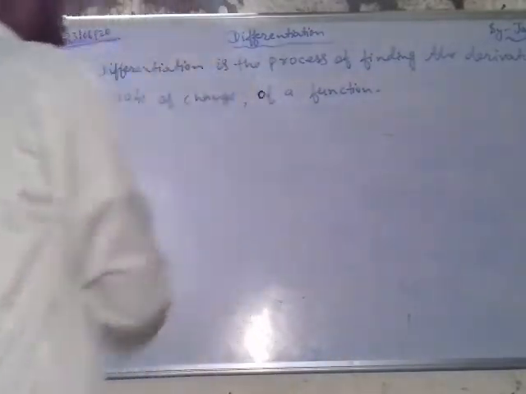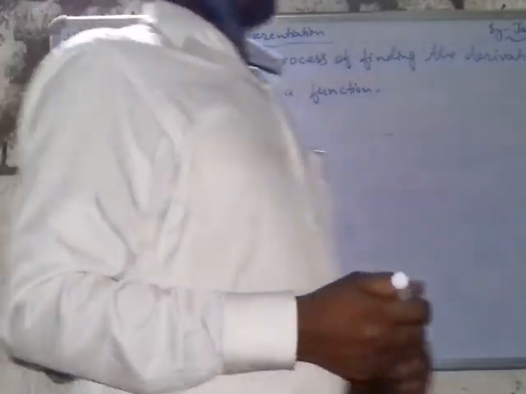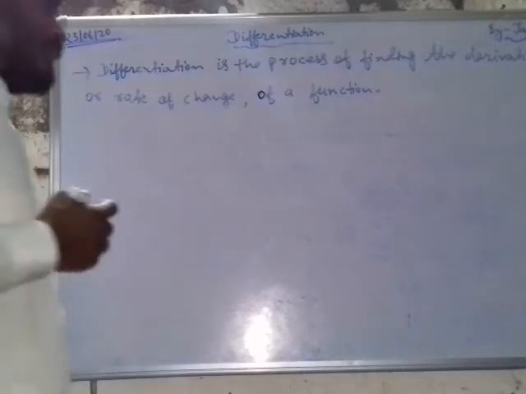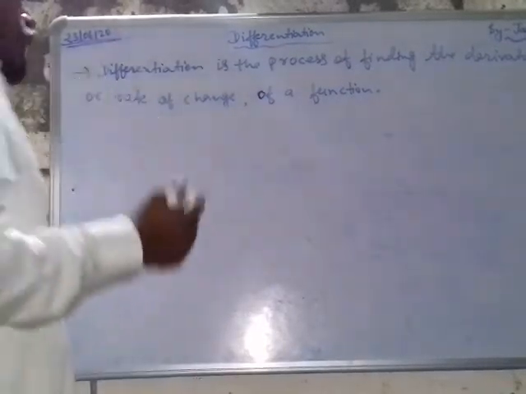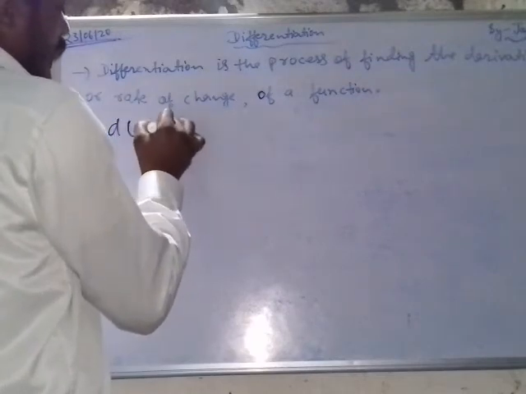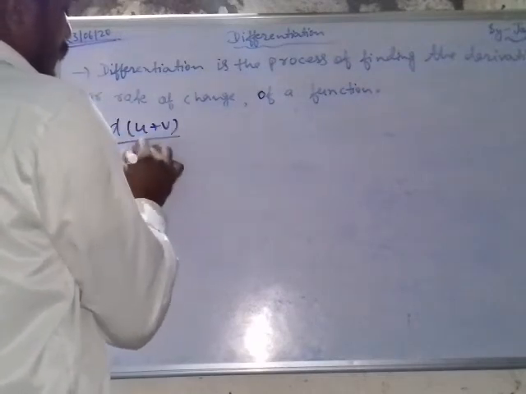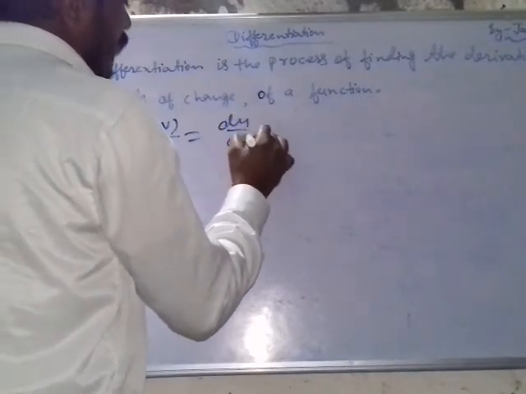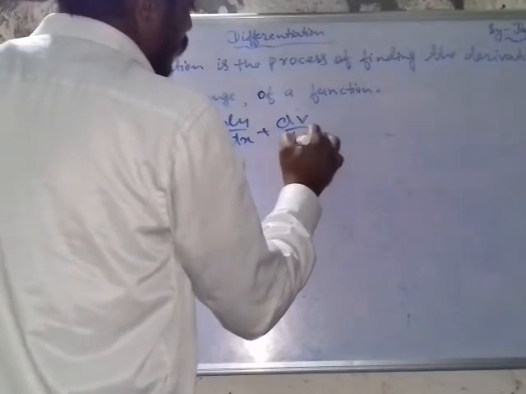Okay friends, if we differentiate functions which are written as u plus v and u minus v, then we can use the formula d of u plus v by dx equals to du by dx plus dv by dx.